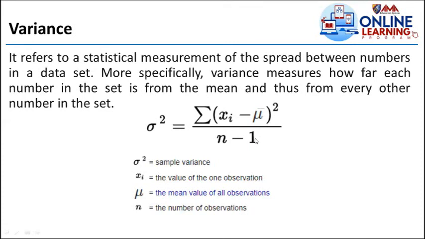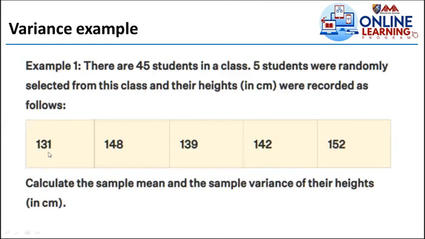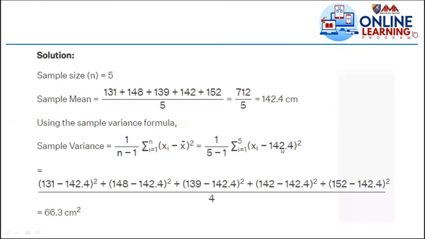So, yung xi natin, these are the data. Yung 131, 148, 139, 142, and 152. Kaya sabi niya, using the sample variance formula, sample variance is equal to 1 all over n minus 1 times the summation of i equals 1 to n of xi minus x bar, which represents your mean, raised to 2.